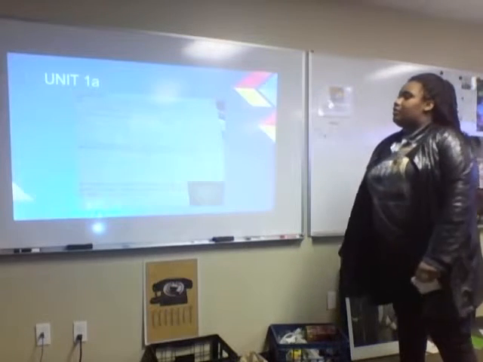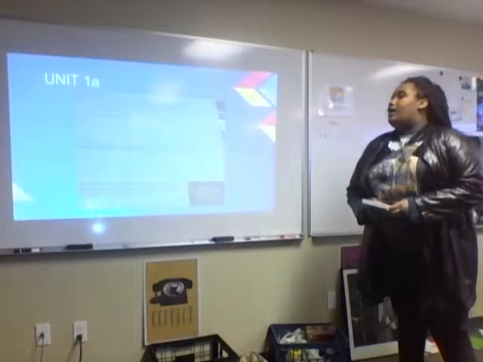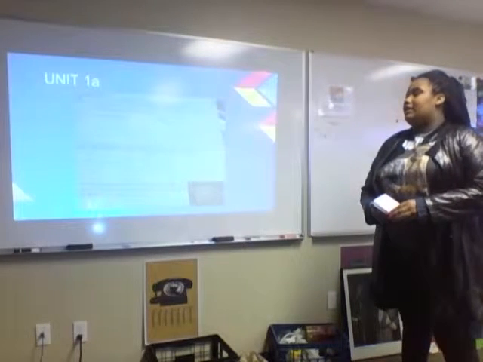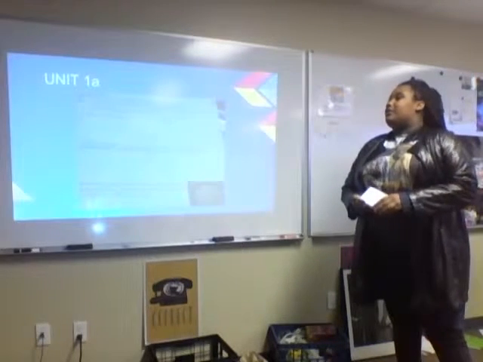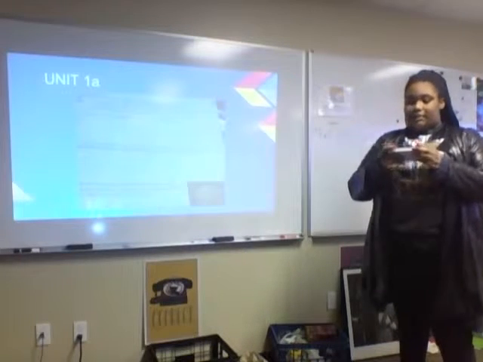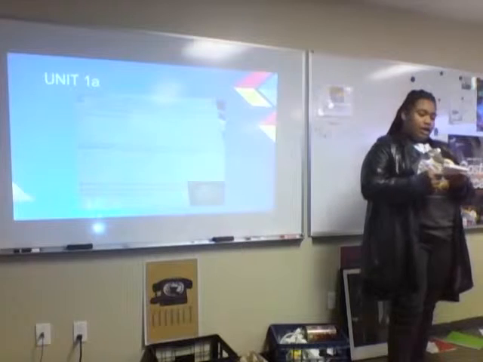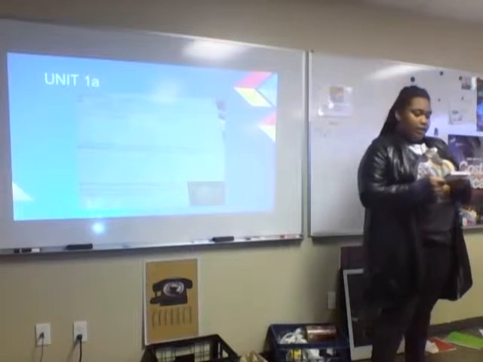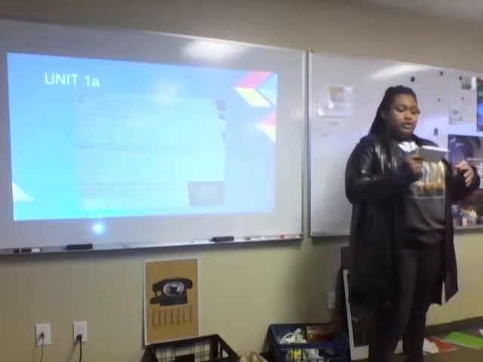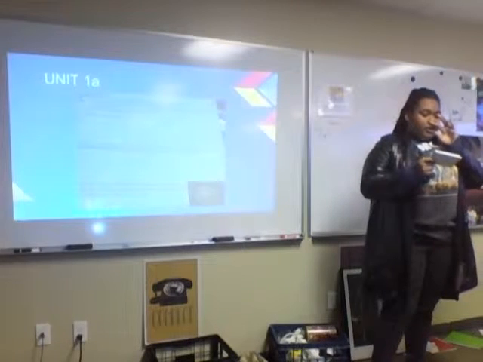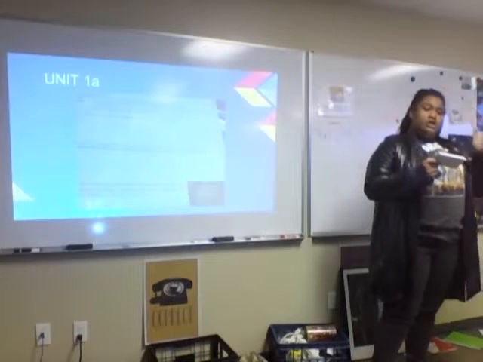Unit 1A is basically the effects of random molecular motion of gas. The molecules of the gas are in constant random motion and collide with each other.